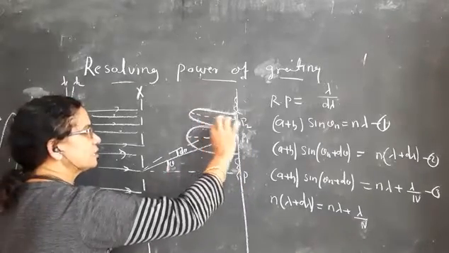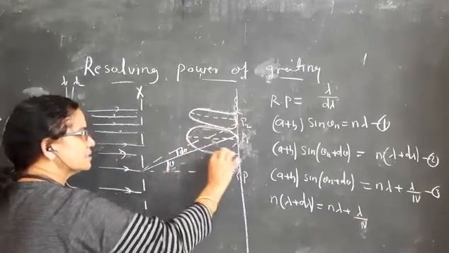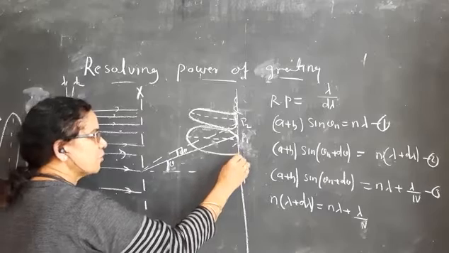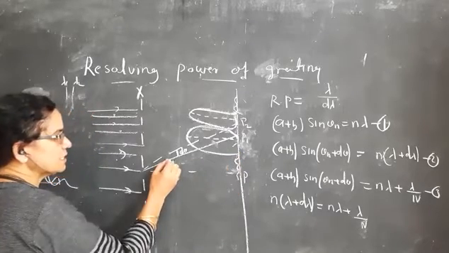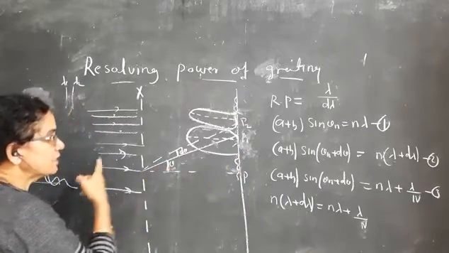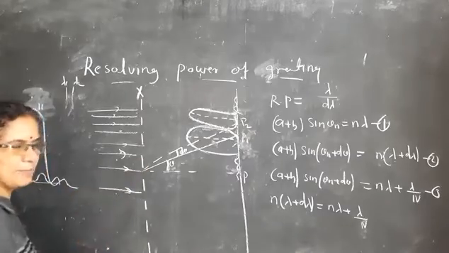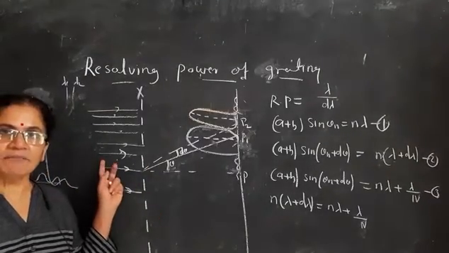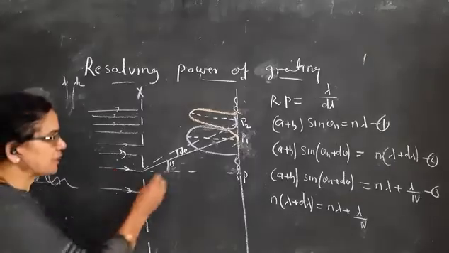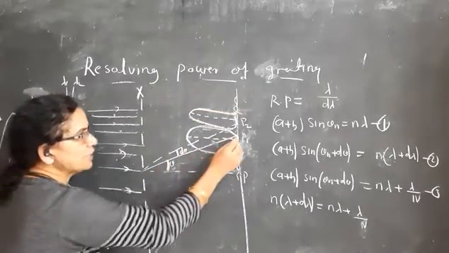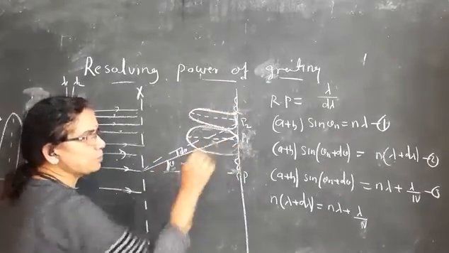You get a diffraction pattern, that violet color you can see, this is the pattern of diffraction for the first one. The ray which is diffracted with an angle theta, corresponding to the wavelength lambda, will give a principal maxima at a point P1.